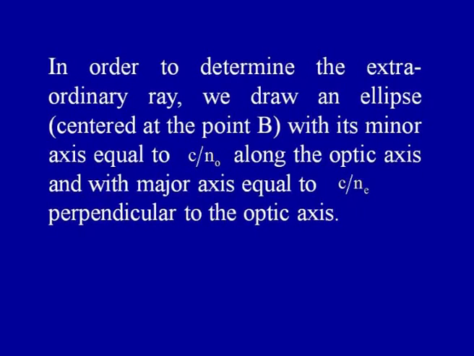In order to determine the extraordinary ray, we draw an ellipse centered at the point B with its minor axis equal to c upon n_o along the optic axis, and with the major axis equal to c upon n_e perpendicular to the optic axis. The ellipsoid of revolution is obtained by rotating the ellipse about the optic axis, which is the symmetry axis.